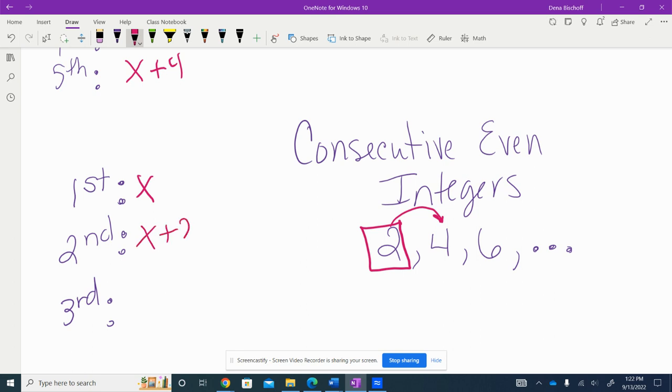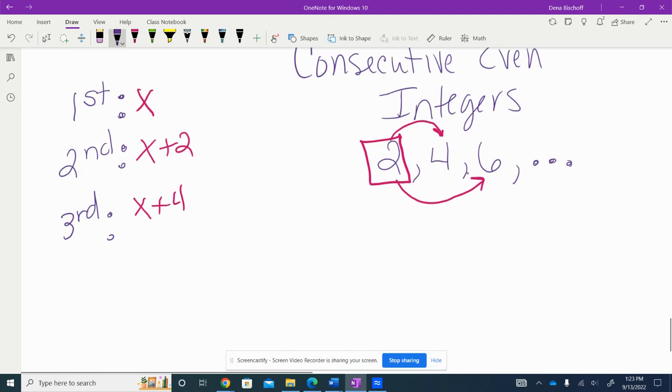Good job. And what did I do to this? Okay. So if I had 4 integers, what do you think that would be? Yep. Do you guys understand how that works? That's for consecutive even integers.